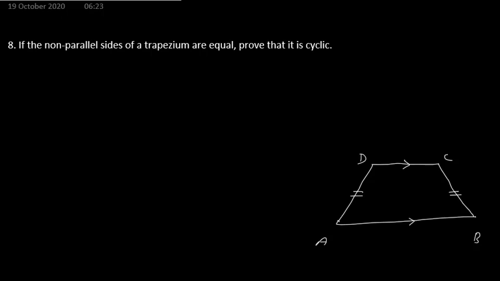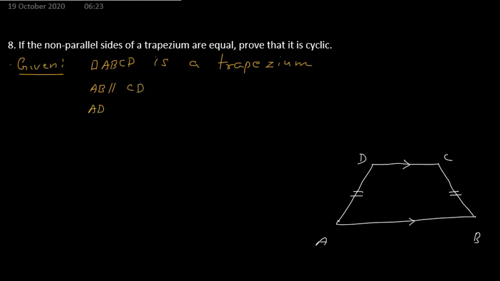So you can write given: quadrilateral ABCD is a trapezium, AB is parallel to CD and AD is equal to BC.